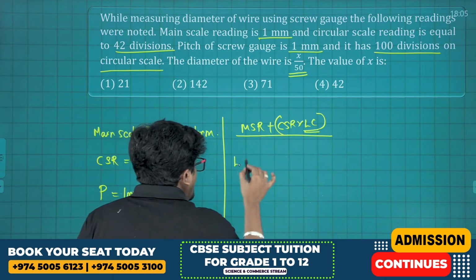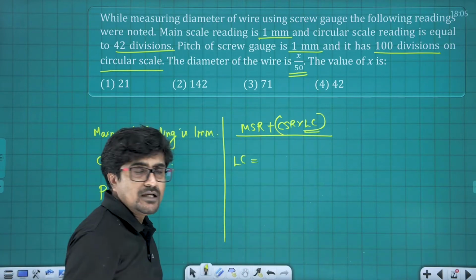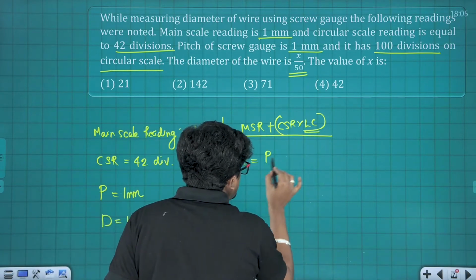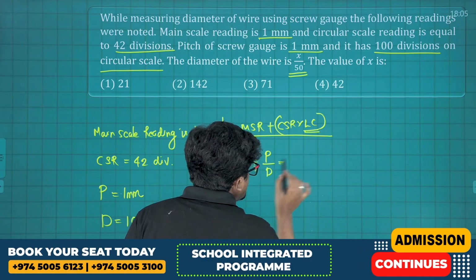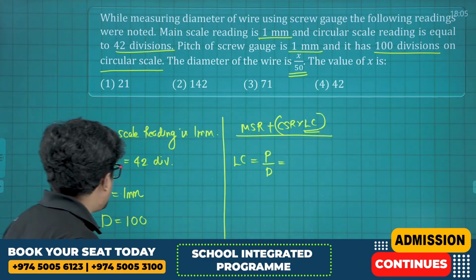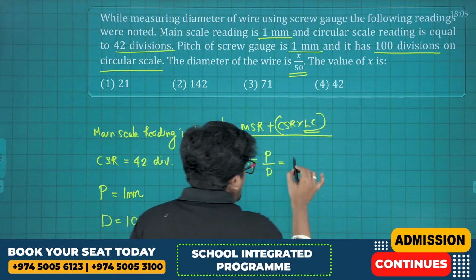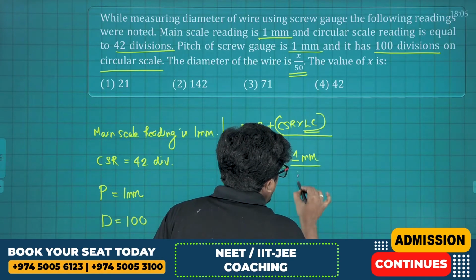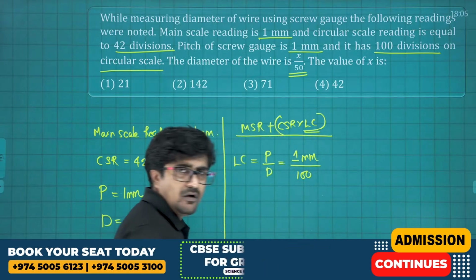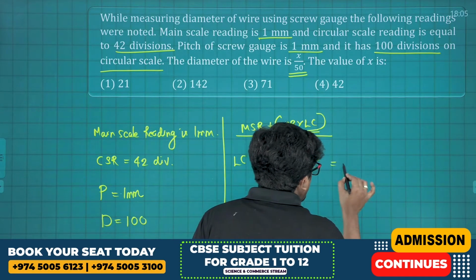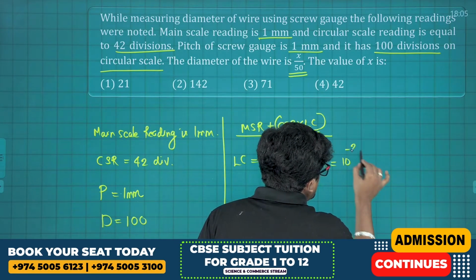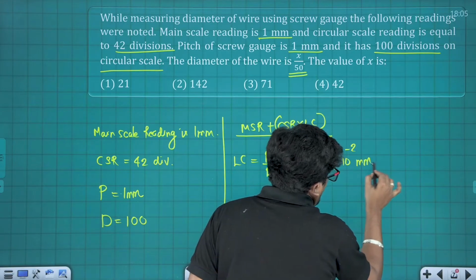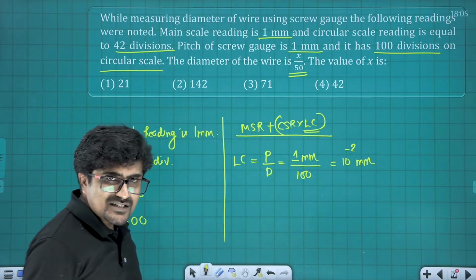What is least count in the case of screw gauge? It is going to be pitch upon number of divisions on the circular scale. Pitch here is 1 mm upon 100. So I can write it as 10 to power minus 2 times 1 mm. That is the least count.